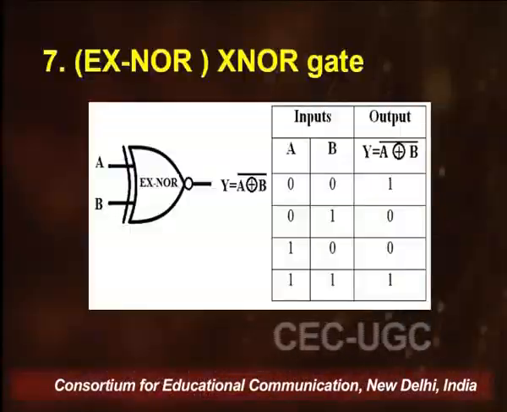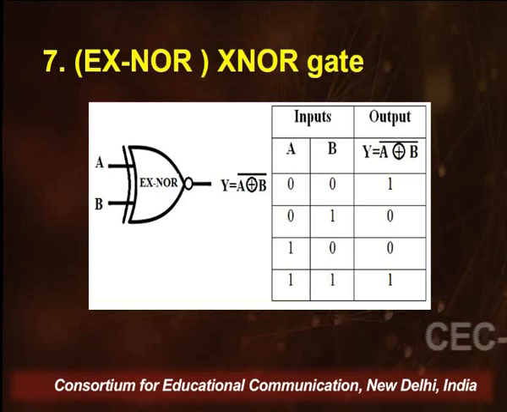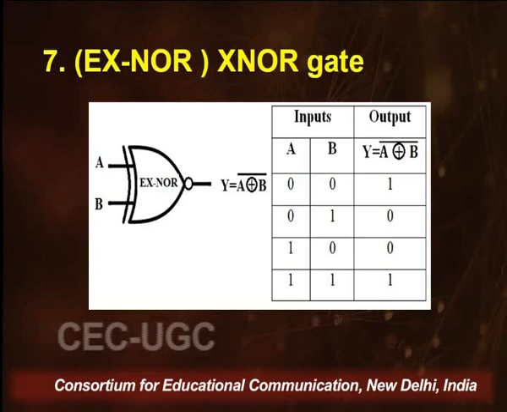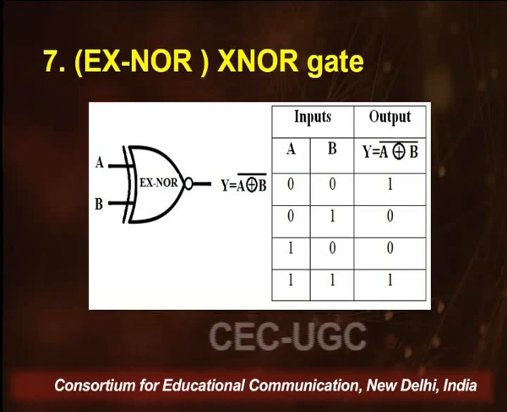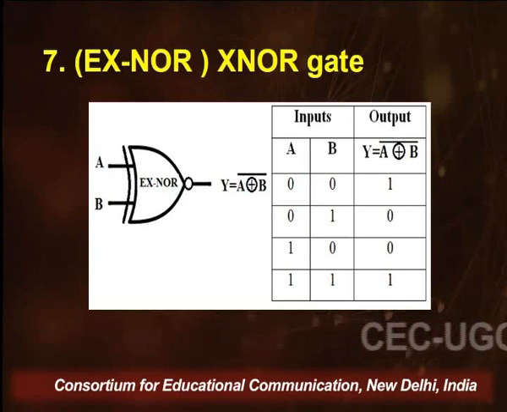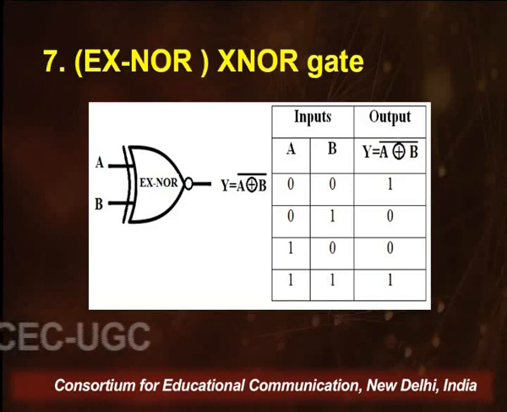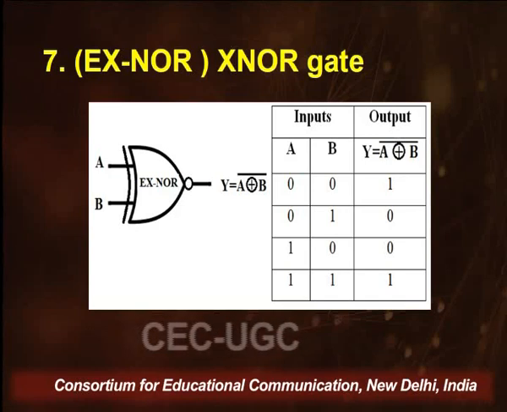Coming to the last one, which is also called an exclusive NOR, or XNOR for short form. Look at the symbol. The symbol is the same as a NOR gate, that is, if you start with an OR, with the NOR having an inverter after the gate, we have a bubble there. And to show that it is an exclusive OR, an XOR, we have a curved line in front of it.